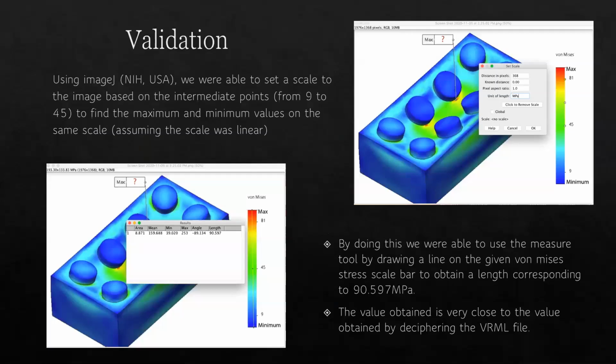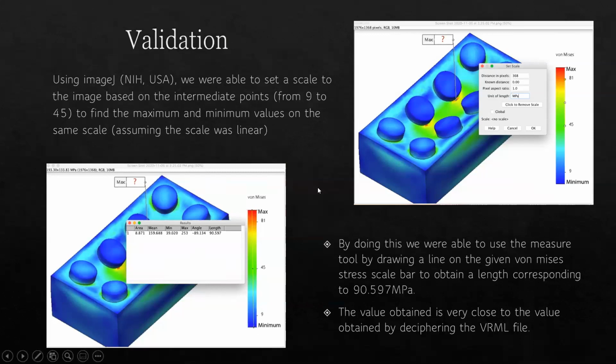Just to be sure about it, we also assumed a linear relation of the given image, and we tried to find out the maximum value based off what we could over here.